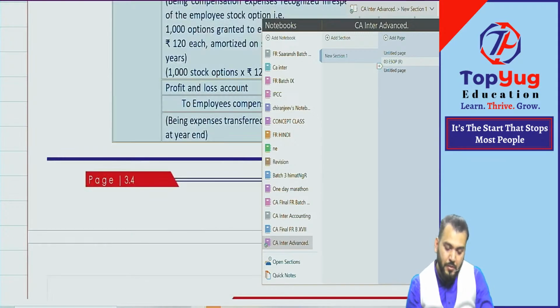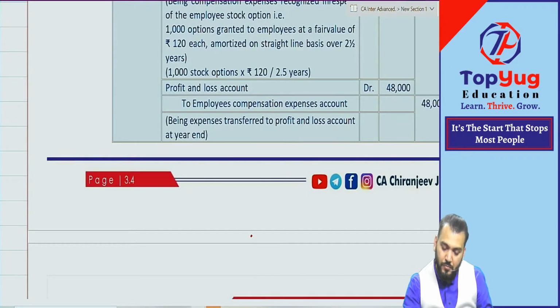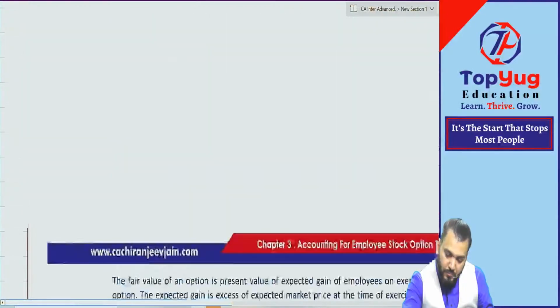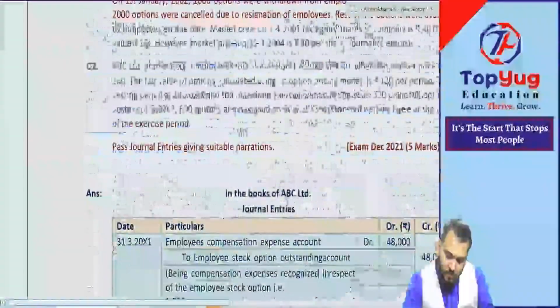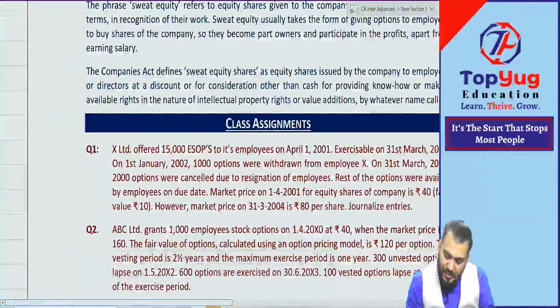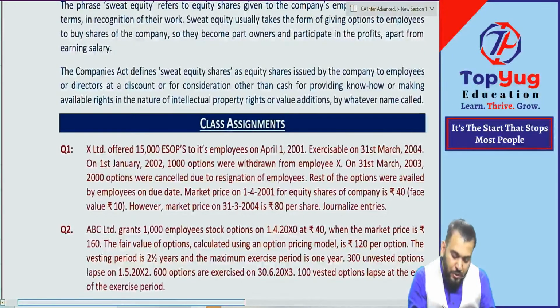Let us take some questions. Simple will start. We'll increase the level of questions slowly. Chalo. Question number 1.